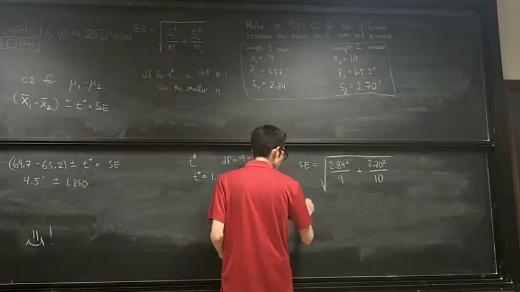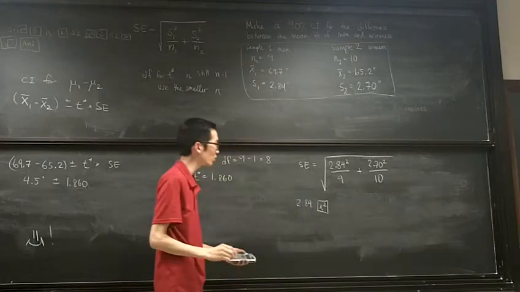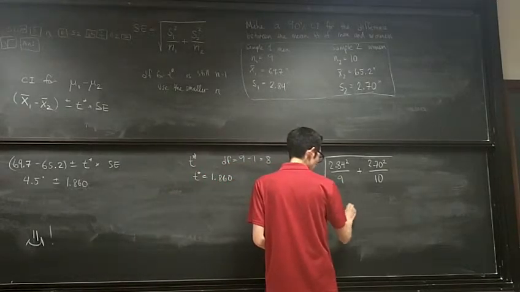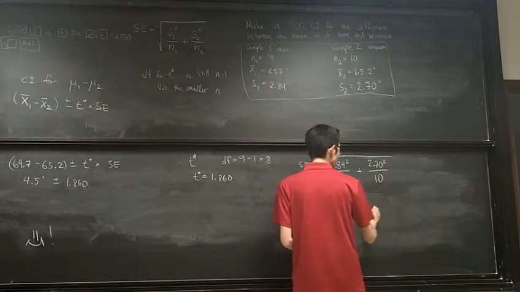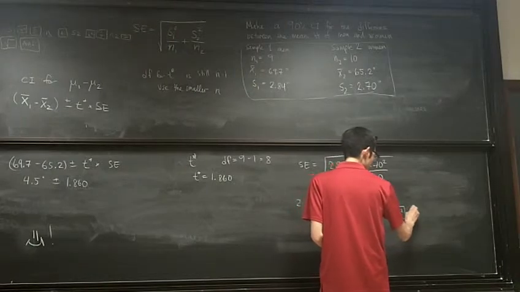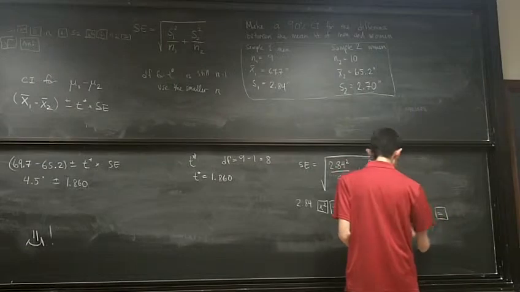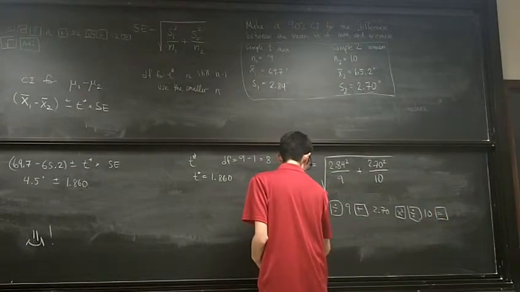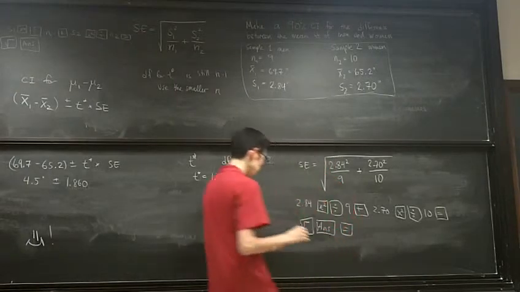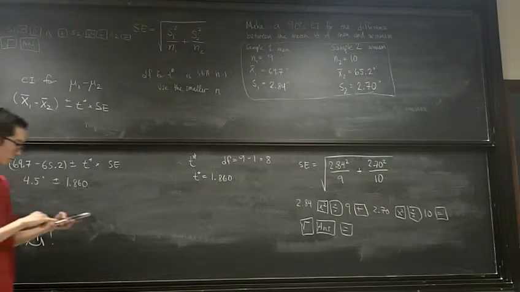I just do 2.84, and then the square button, which looks like x squared, then divide by 9, plus button. It's going to take forever just for me to write it on the board. Then you hit the square root button, answer key, equals. 1.275. Is that what we get?